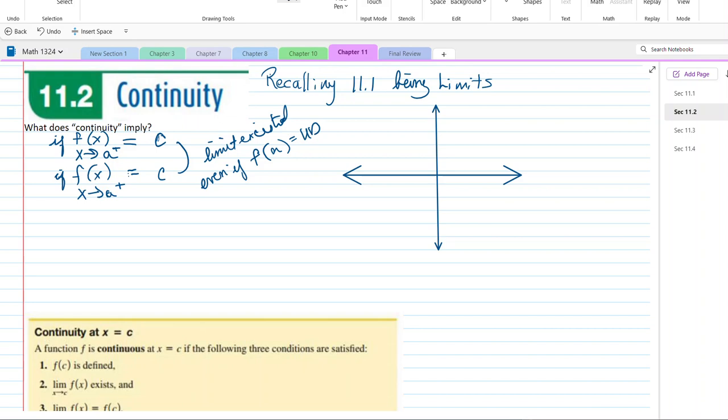Well, now we're talking about continuity. Well, what the heck is continuity?